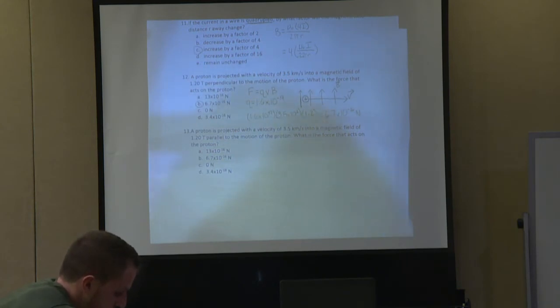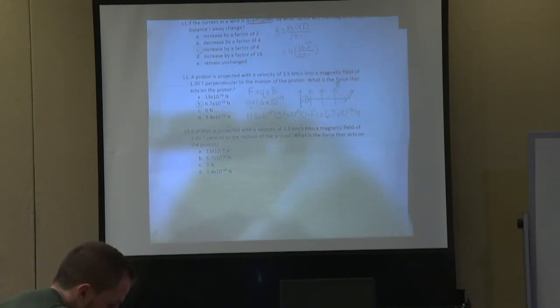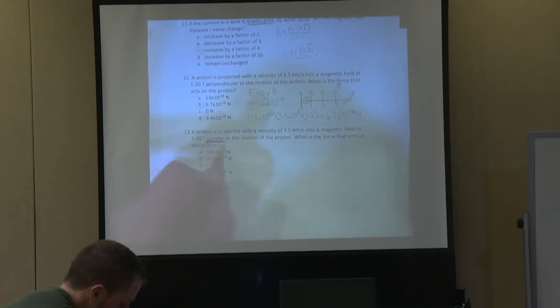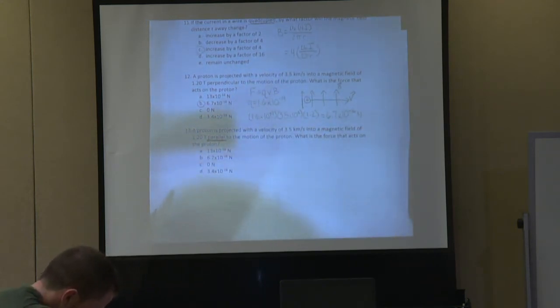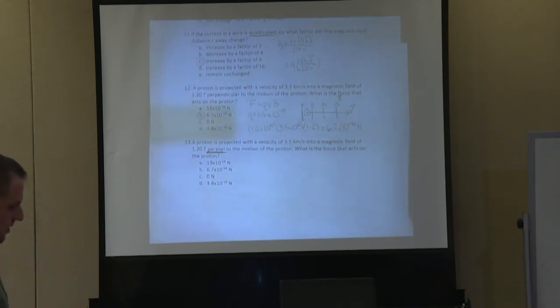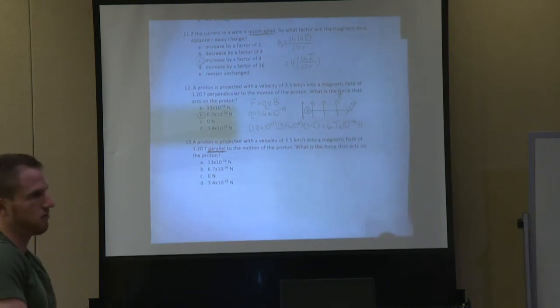A proton is projected with a velocity of 3.5 kilometers a second into a magnetic field of 1.2 Teslas parallel to the motion of the proton. What is the force that acts on the proton? Keyword in this question is parallel. And when it's parallel, there is no force that will act on the proton.